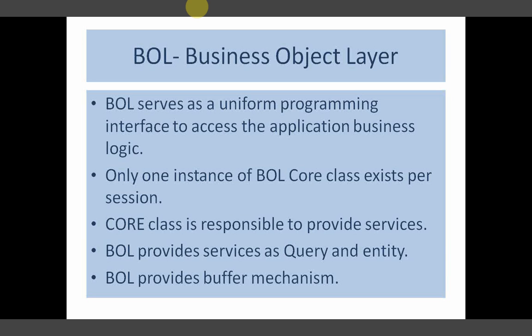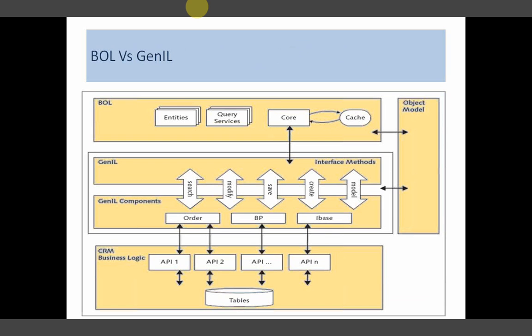Where does the application business logic actually reside? In the APIs, the application programming interfaces, and they interact with the tables. So the complete application-dependent data and logic will mostly be available at the API level.